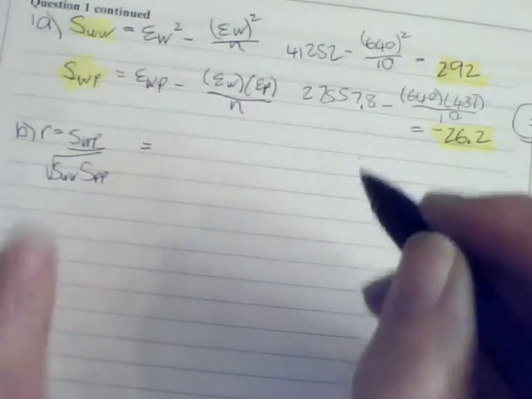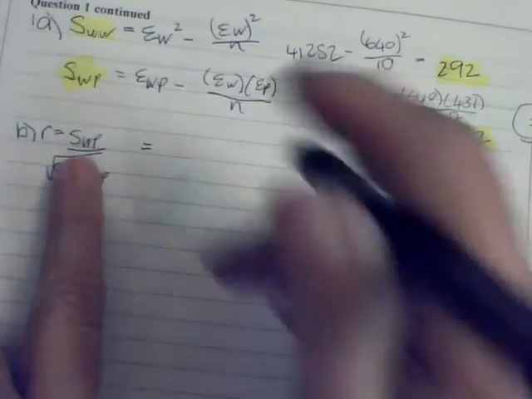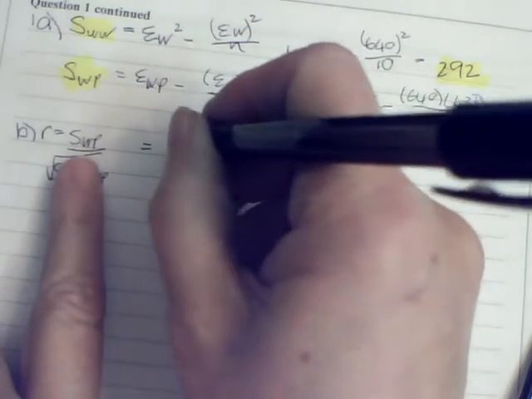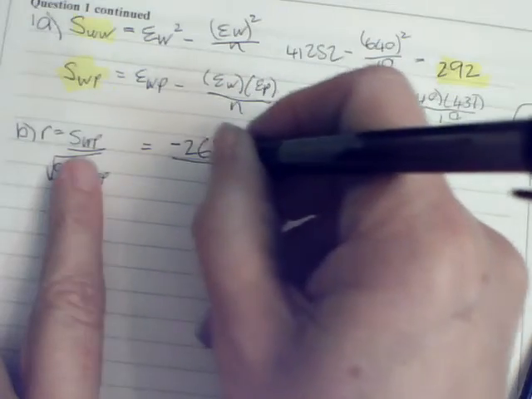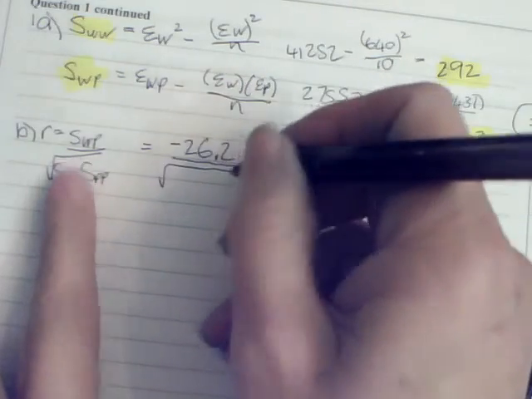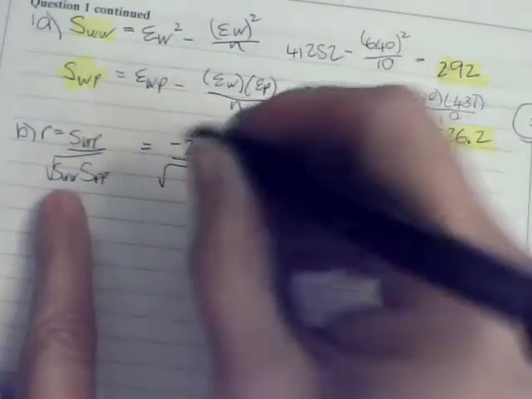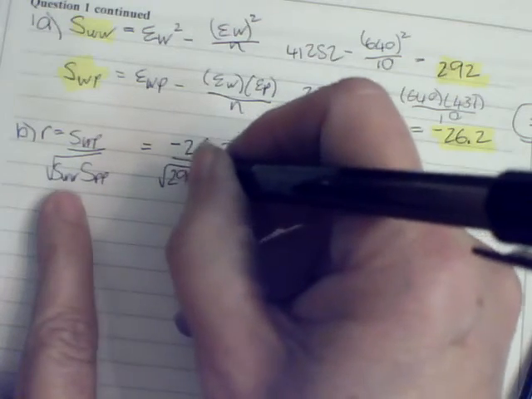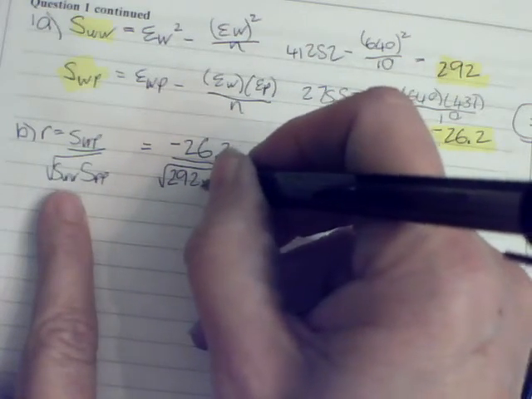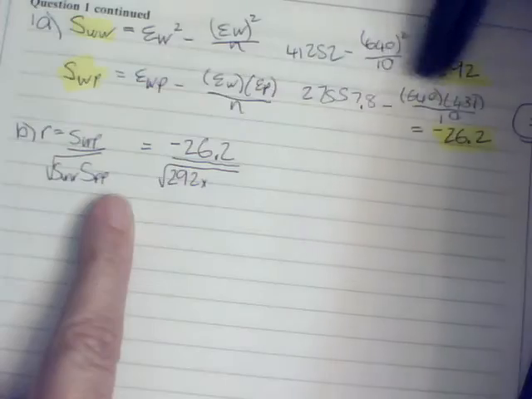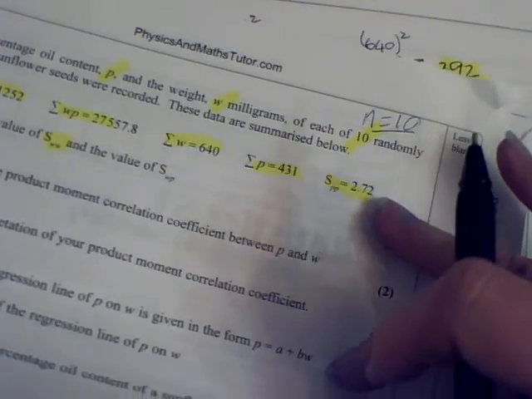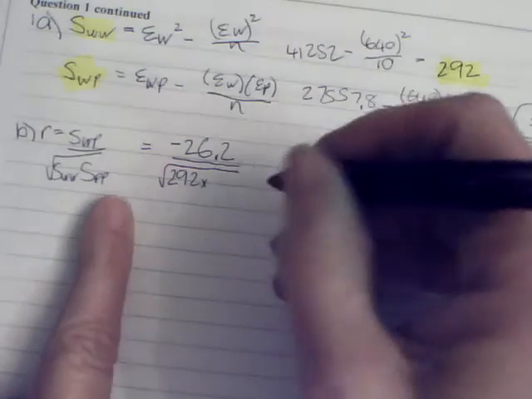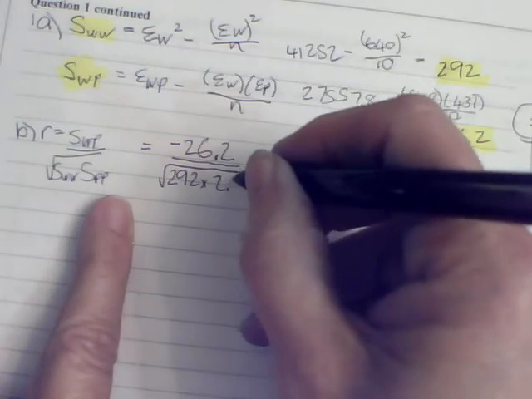Right, let's get plugging in. S of WP we worked out here, so that's negative 26.2, divided by the root of S of WW, we did here, that's 292, times S of PP. They've probably given that to us. Yep, they have. It's up here, 2.72. Let's work that out.